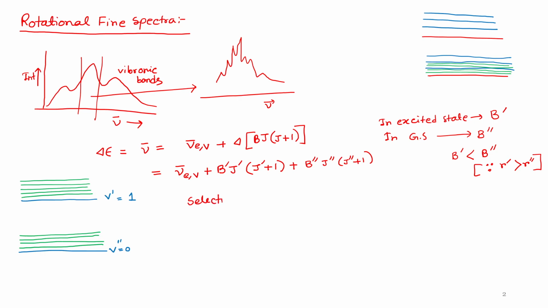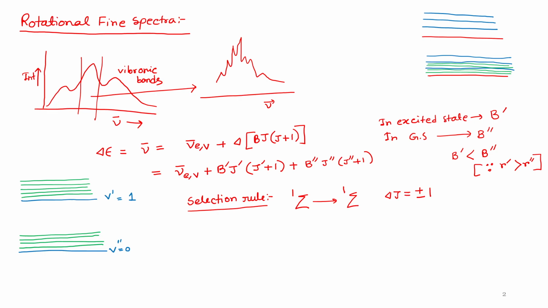Selection rule says that it is possible from singlet sigma to singlet sigma. One rule is this, and during this delta G can be anything, plus minus 1.